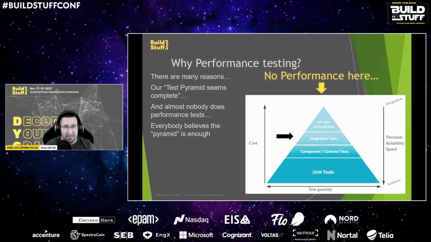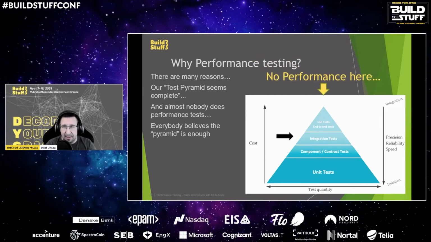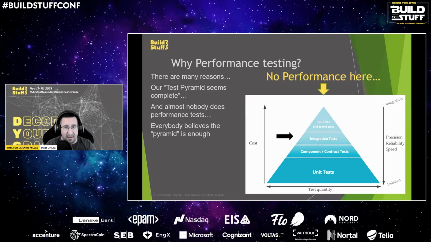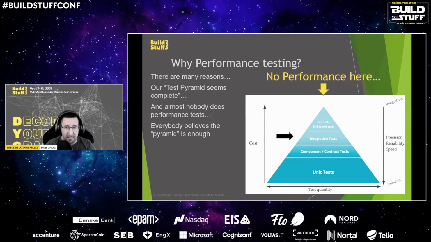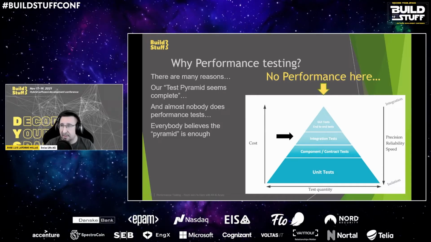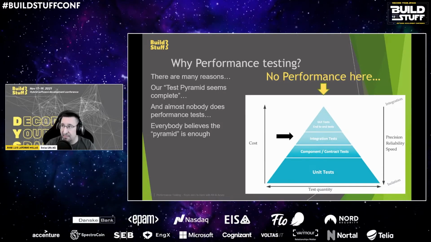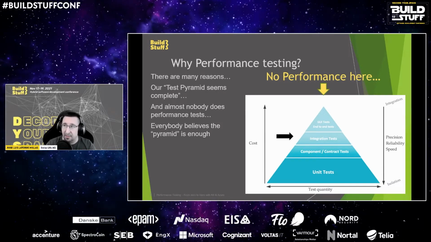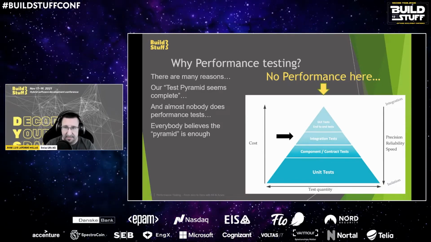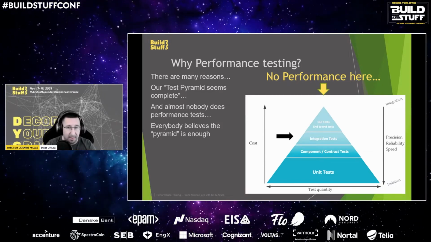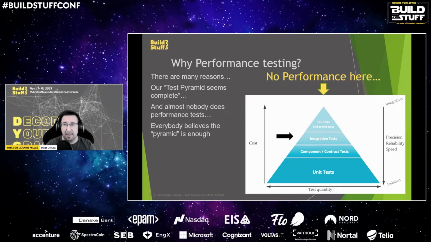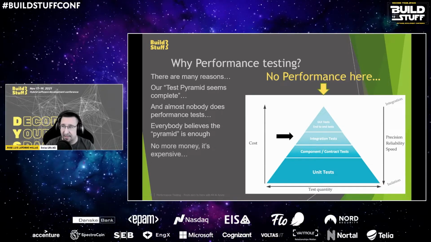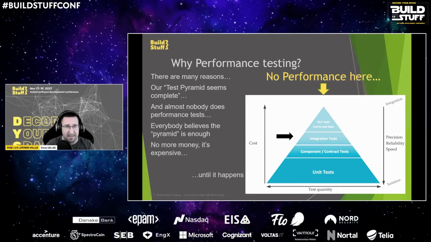There is no performance here. Everything here is functional, but what about non-functional? What about testing the stress of a fully loaded database or several users together? You will not know about that because you're testing for only one user until it happens.